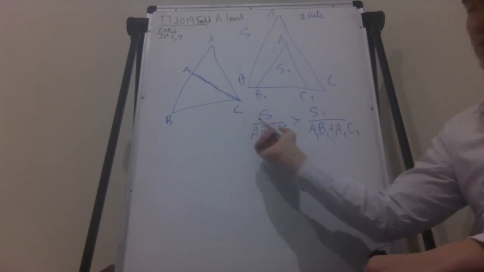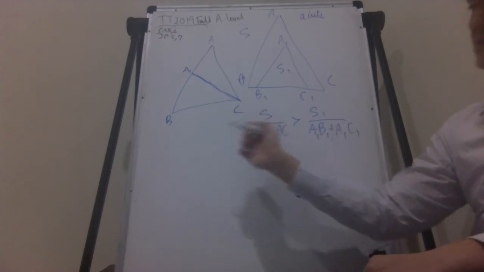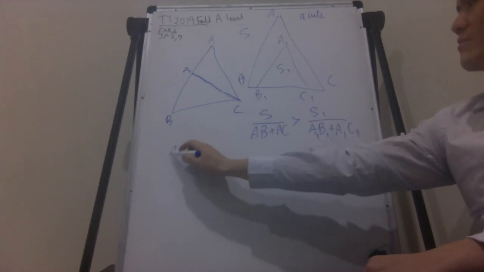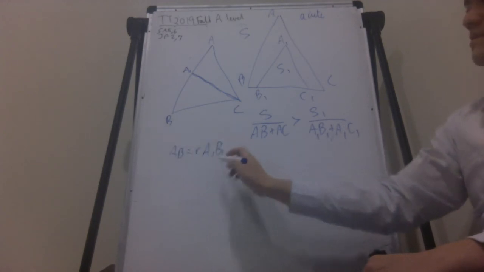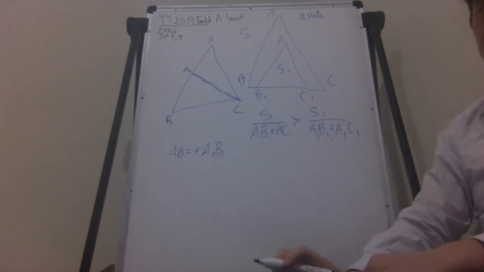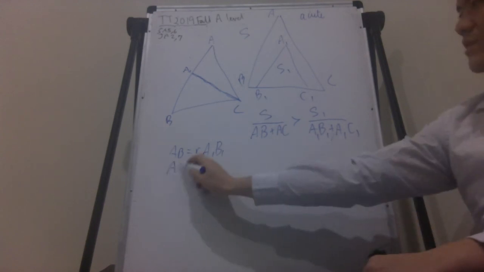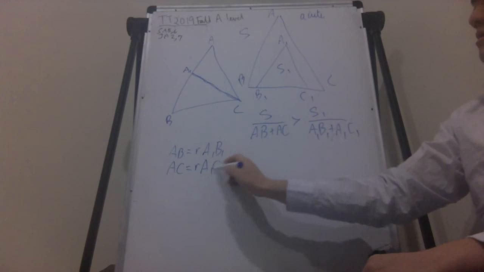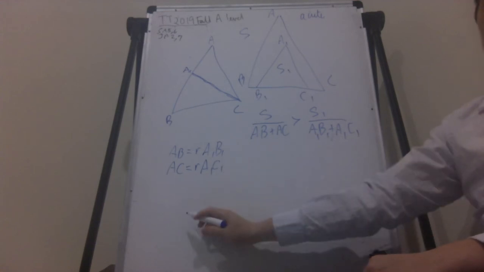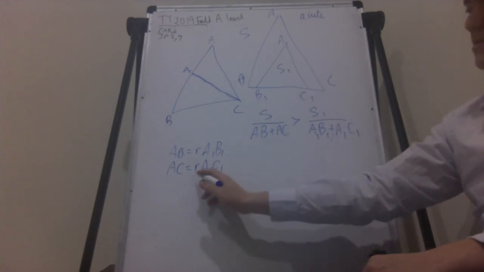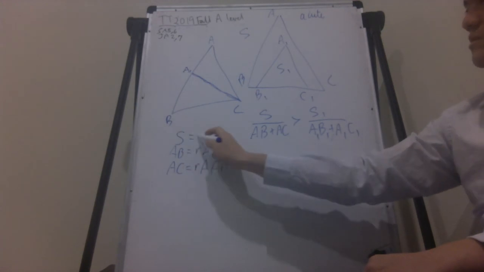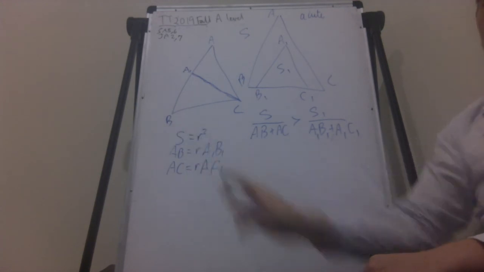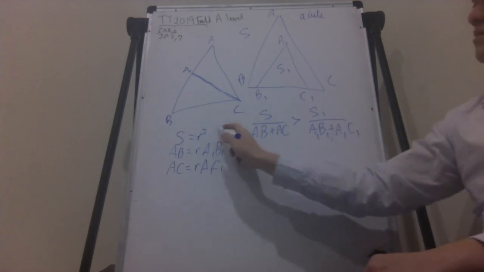Because what does it mean to be similar? It means that the AB is in some ratio to A1B1, right? And the point is it's the same ratio for A1C1. The side lengths will be in the same ratio, so the area will also be in the same ratio, the ratio squared.